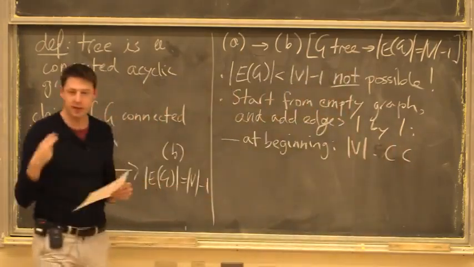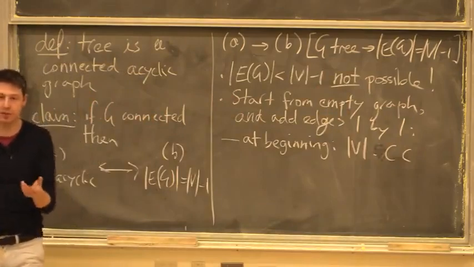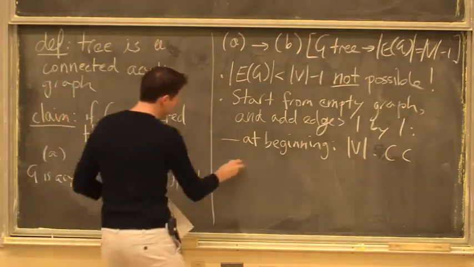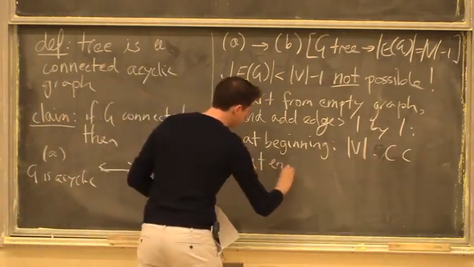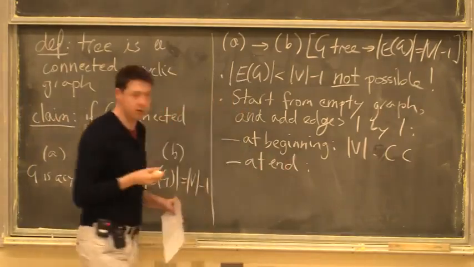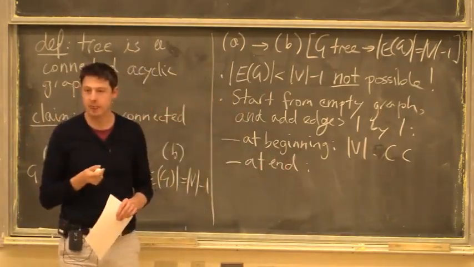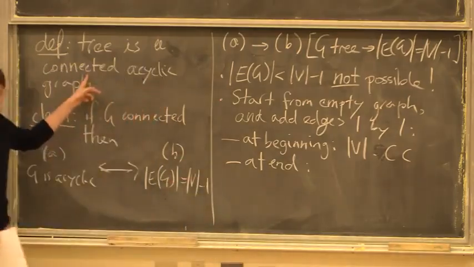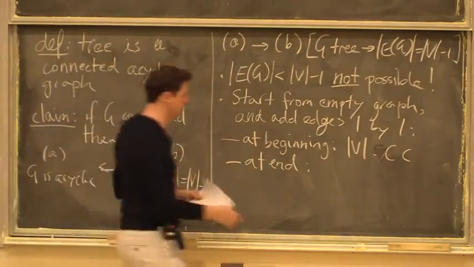Before we put in any edges, we have all these vertices, they're singletons. So we have V connected components. At the end, how many connected components do we have? We have one, because it is a connected graph.